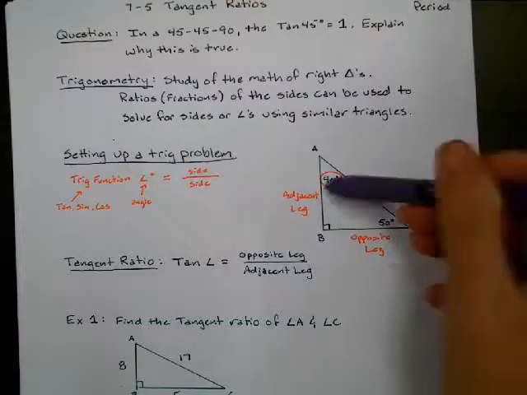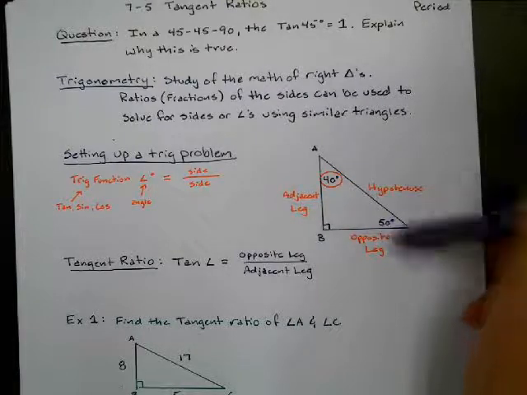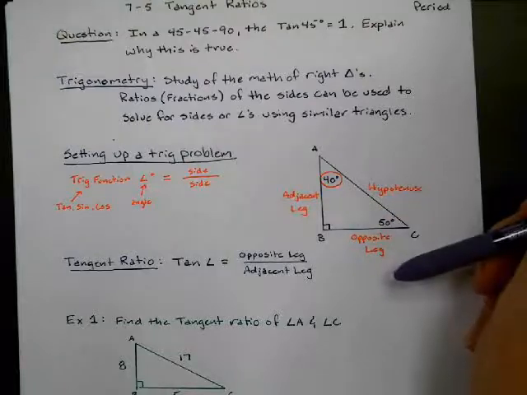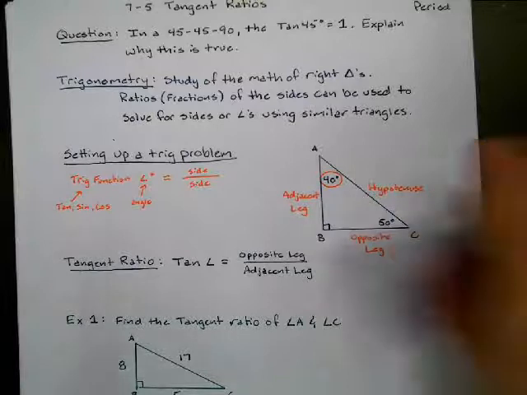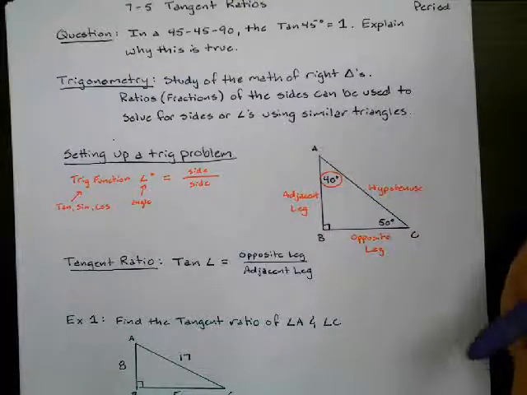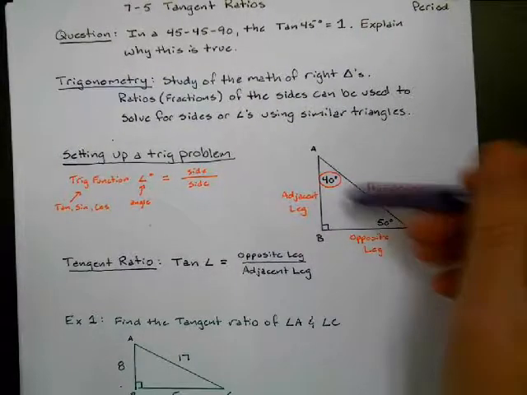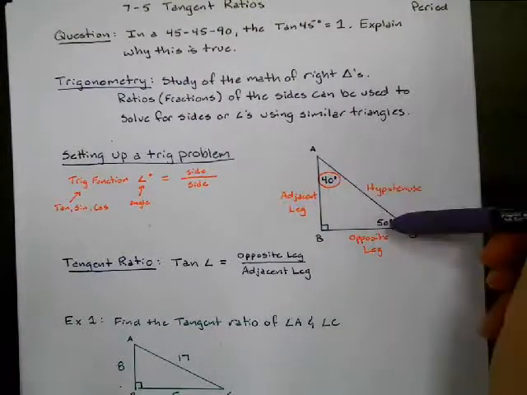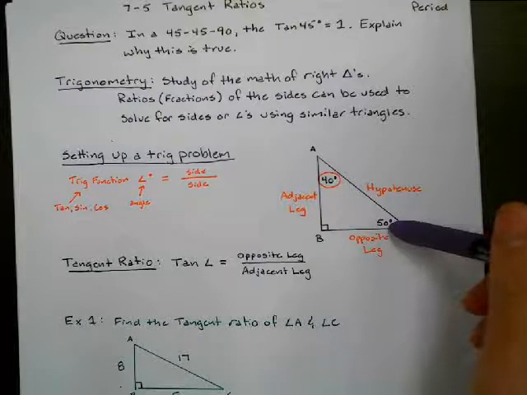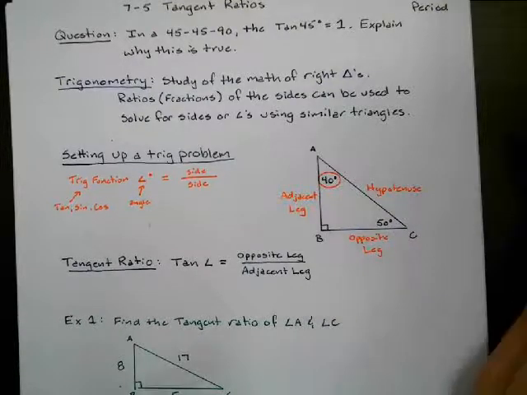So which angle you're looking at decides which leg is the opposite leg and the adjacent leg, because the adjacent leg for one of them is the opposite leg for the other one. So you have to decide which angle you are focusing on, the 40-degree or the 50-degree, because that will change what we're doing here.